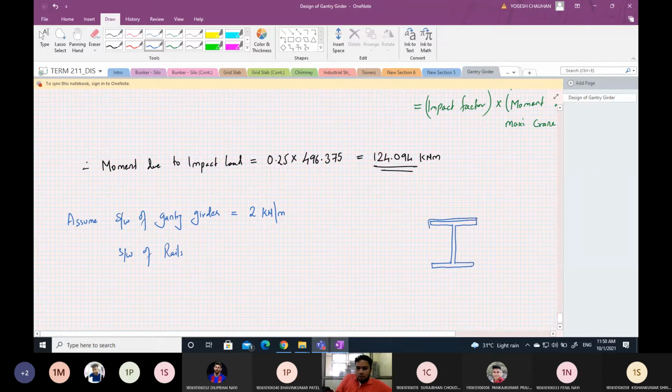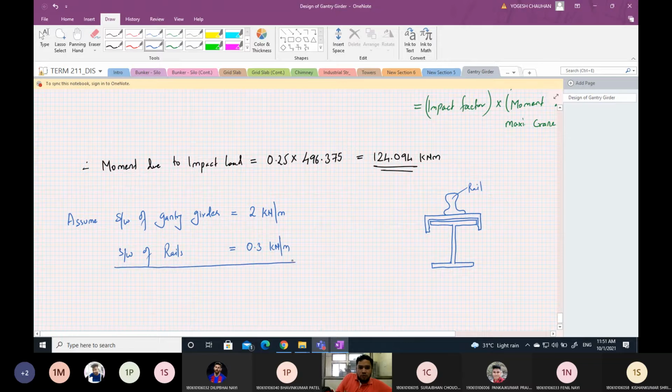There is a channel, and on top of which there is a rail. So you have to consider the self weight of the rail, which is given in the data as 0.3 kilonewton per meter.